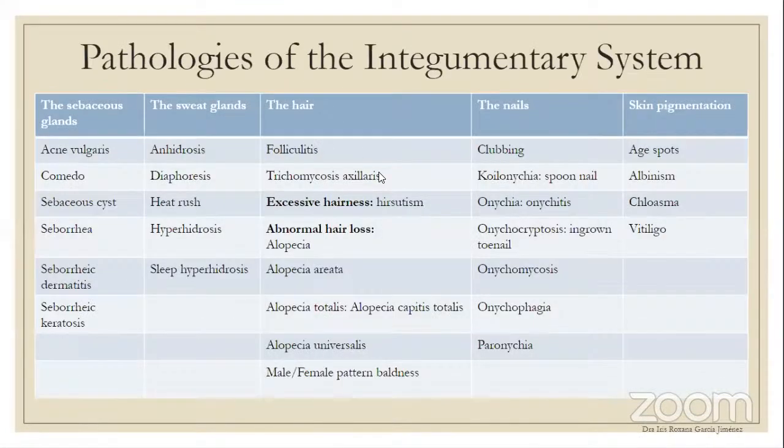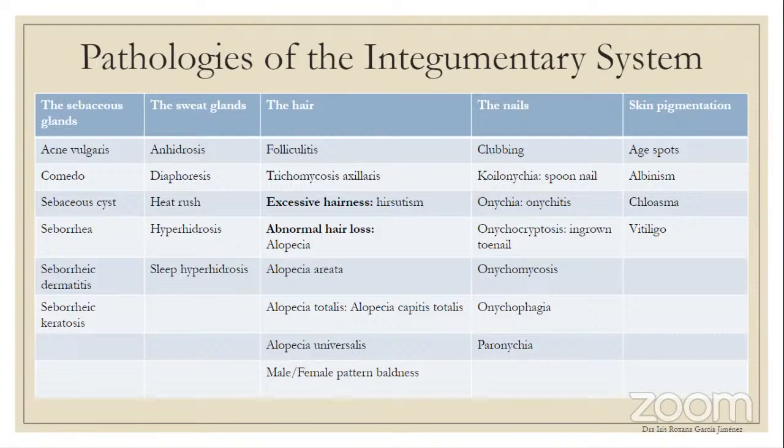Now we got the pathologies in the chart. This list, as I was telling you, is for helping you memorize easily. We got the sebaceous glands with acne vulgaris, comedo, sebaceous cyst, seborrhea, seborrheic dermatitis, seborrheic keratosis.